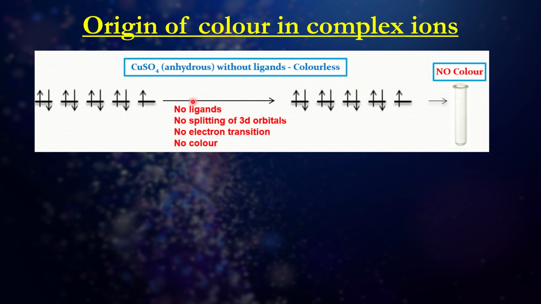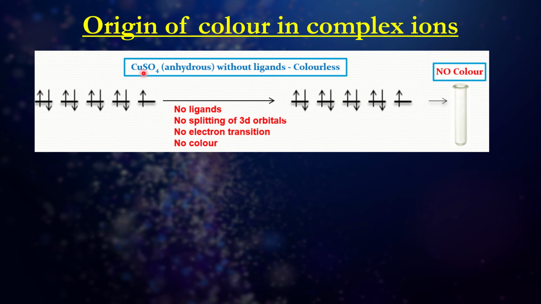Are there any ligands attached to our central cation? Is there any splitting of the d orbital, so the 3d orbital? Is there any electron transition? You would need these three criteria in order to obtain a distinct color.